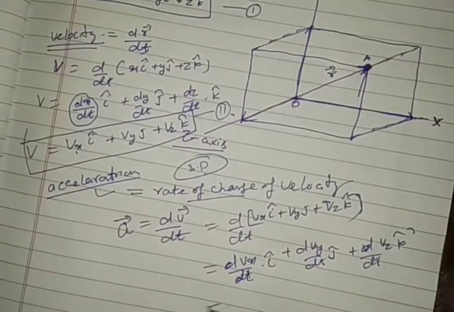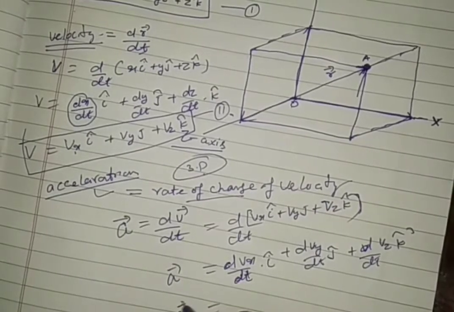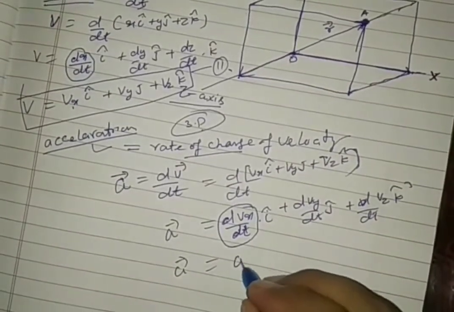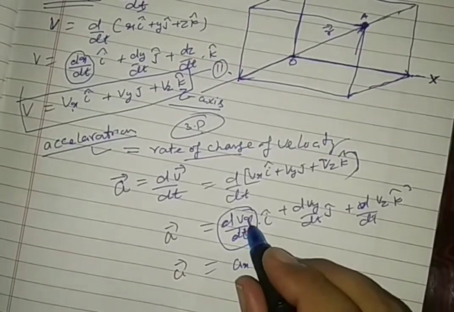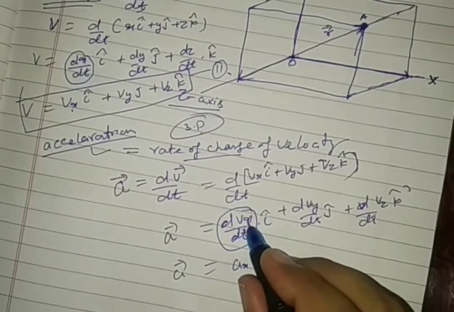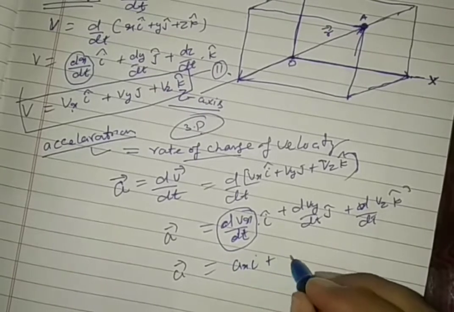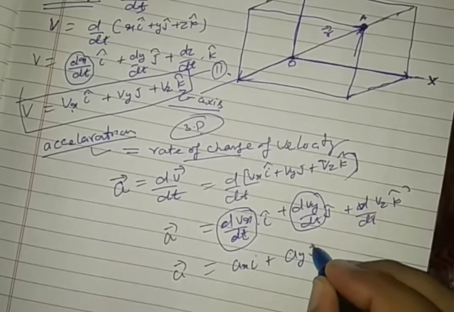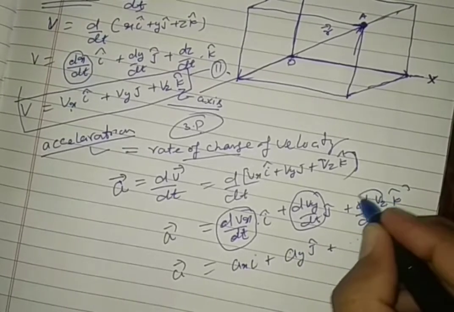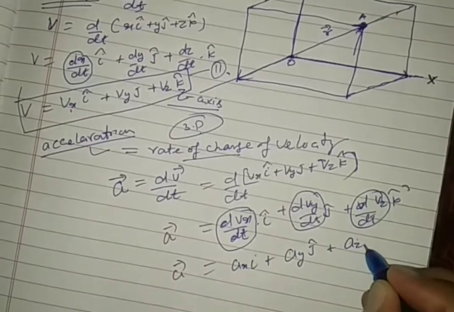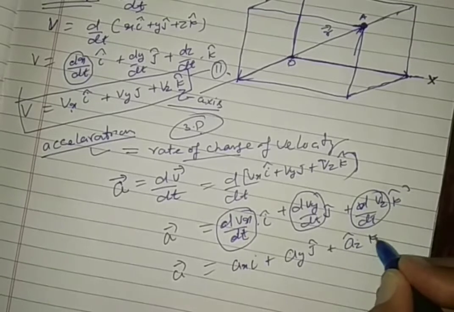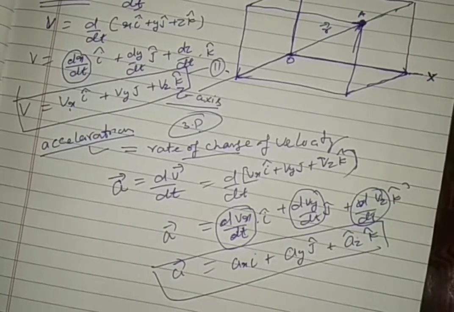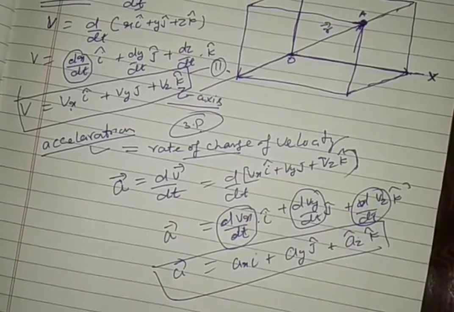See very carefully here: dvx by dt is the acceleration component along the x-axis into i, then the acceleration component along the y-axis into j. Similarly, the acceleration component along the z-axis. So this is the acceleration equation.